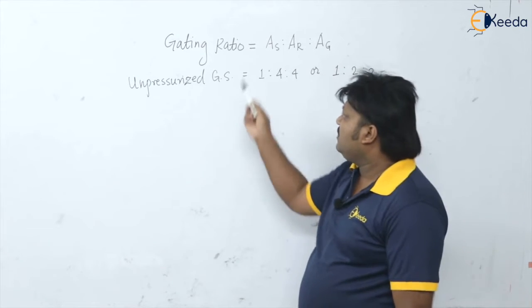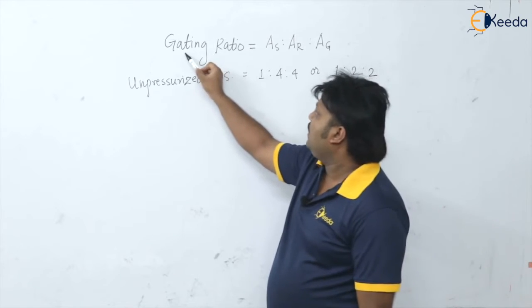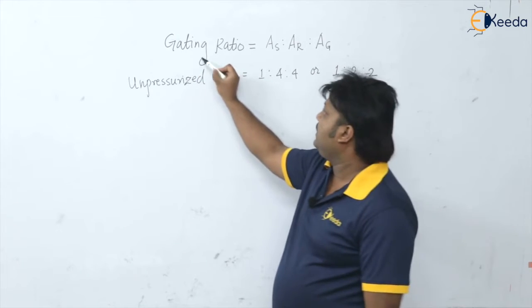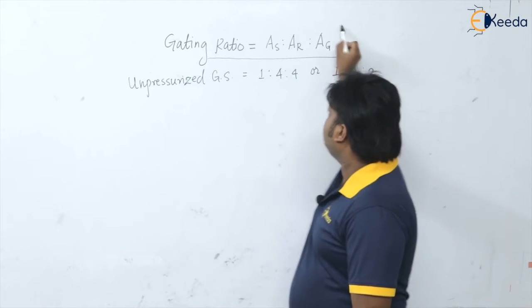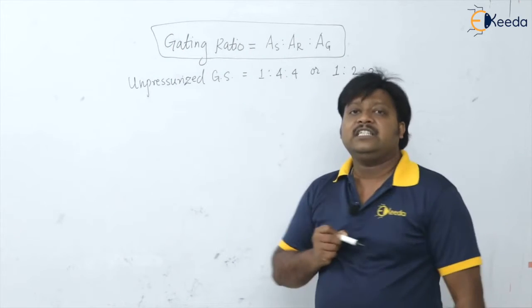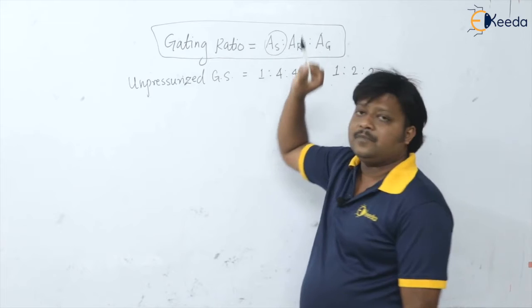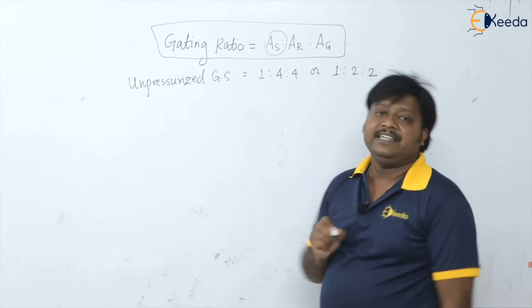In 2009 or 10 they asked a 1-mark theoretical question about the gating ratio. So gating ratio is the relation between the cross-sectional areas of the sprue, runner and ingate.